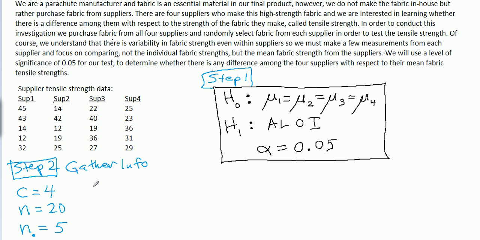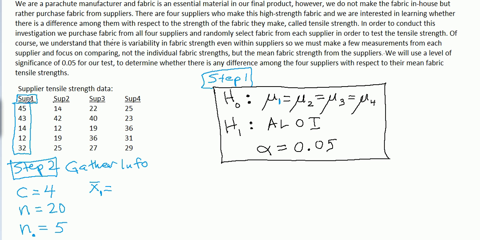Another important thing for us to get out of the way here are some summary statistics. So X bar, but notice when I say X bar now, I'm going to attach a little subscript 1, so I know I'm talking about the sample mean from supplier 1, right? This one and this one, if you recall from step 1, refer to supplier 1.